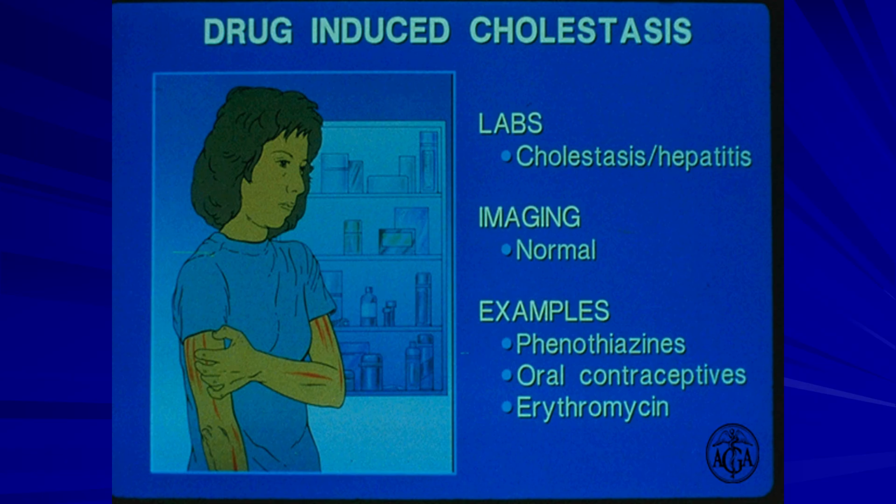Some of the medications that can do that are listed on this slide: phenothiazines, oral contraceptives, and erythromycin. The itching can be very nasty, and the patient can have excoriations on their skin from itching. The treatment, if it is drug-induced cholestasis, is to stop the inciting drug.